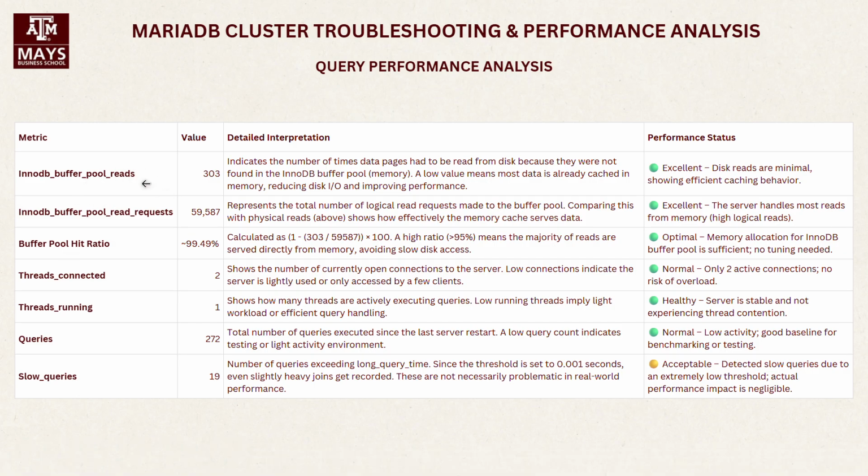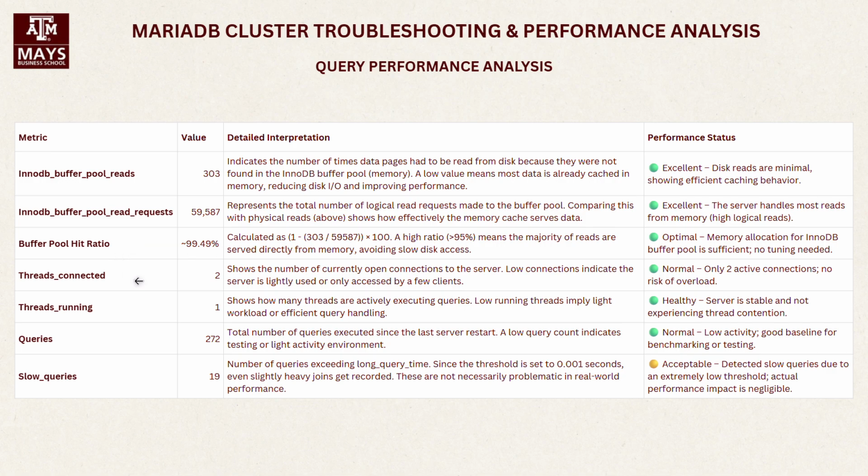Buffer pool reads indicates the number of times data pages had to be read from disk because they were not found in the InnoDB buffer pool. A low value means most data is already cached in memory. So this is excellent. Disk reads are minimal. Then buffer pool read requests. Since the server handles most data from memory, this value is high and that is totally fine.